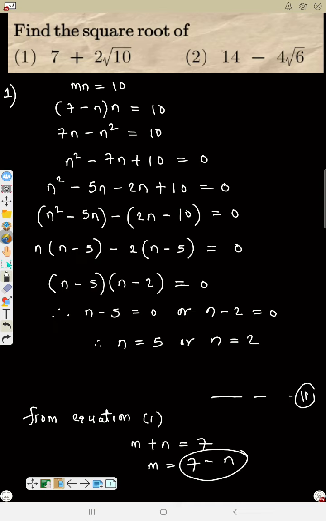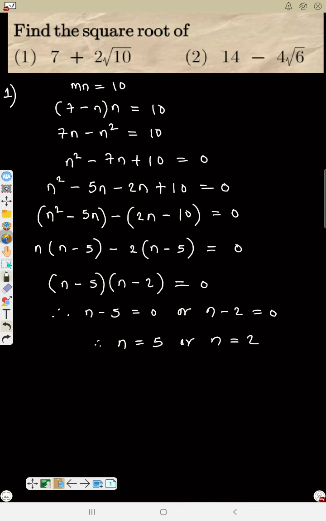Now that we know n, we can find m. So from equation 2, we have seen that mn is equal to 10. So m is equal to 10 over n.